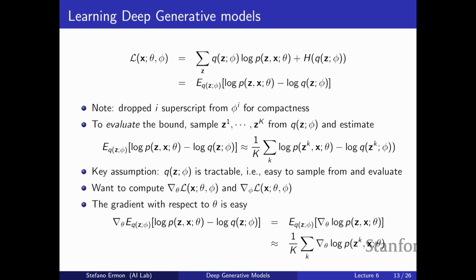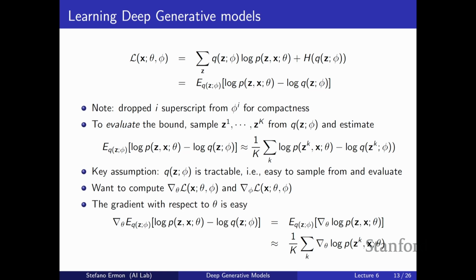The tricky part is the gradients with respect to phi. The reason is that you're sampling from a distribution that depends on phi. So if you want to figure out how I should change my variational parameters phi to make this expectation as large as possible, you need to understand how changing phi would change where the samples land.